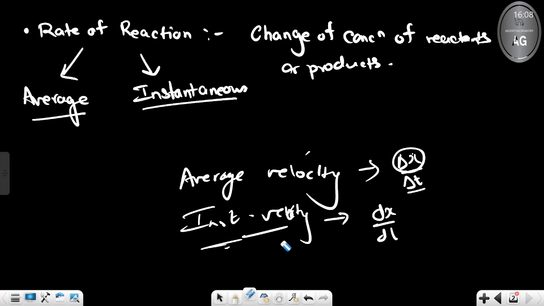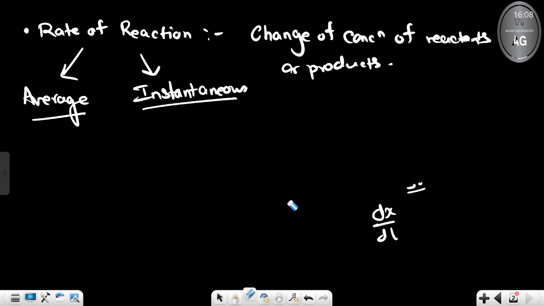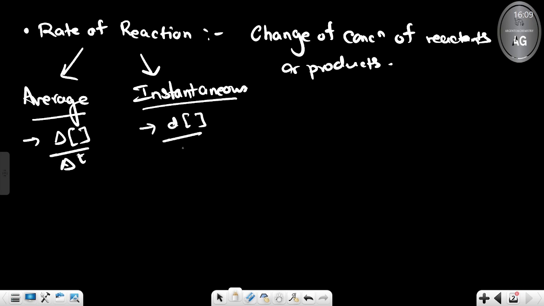Clear? So let's write it down. Average velocity, average rate of reaction. Okay, average rate of reaction will be termed as delta concentration by delta t, and the instantaneous will be called d concentration by dt.